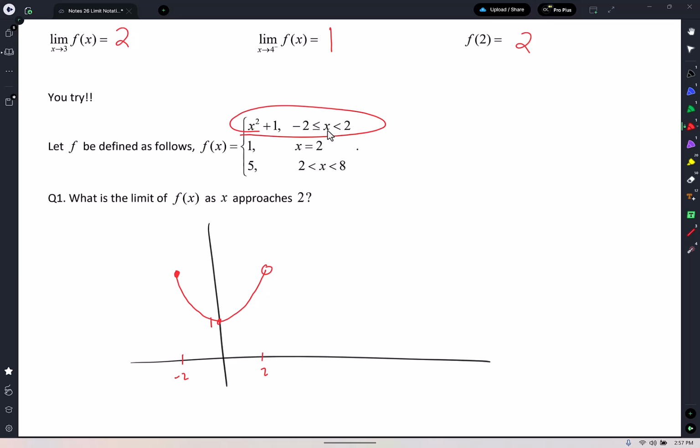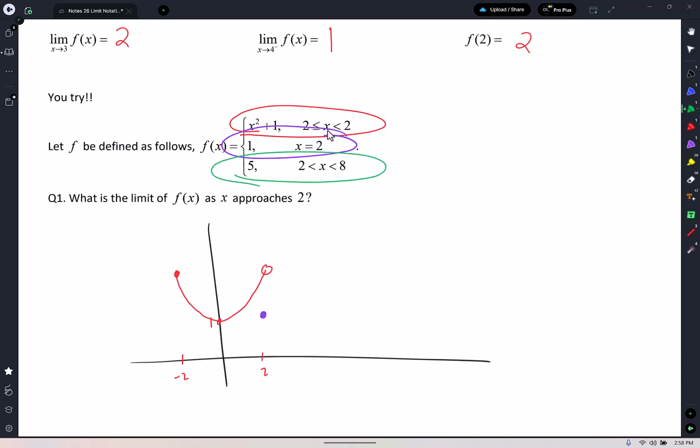So for this one, at x equals 2, the y output is 1. So I have a point. Let's see, what color am I going to use? I'll use purple. 2, 1, a point right there. That's the purple one. And then I'll do this one in green.